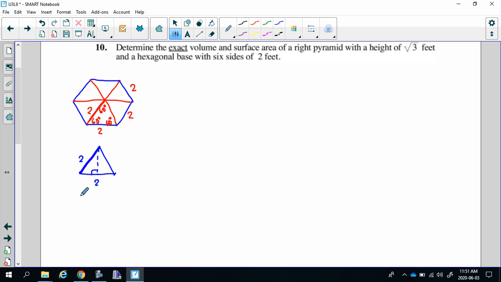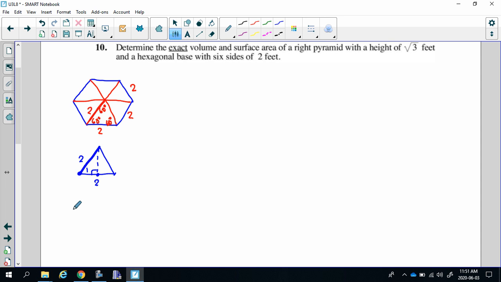Okay, so what we're going to do is use Pythagorean theorem. Now, what we need to understand is this whole thing is 2, but this from here to here is 1 unit. Okay, so I'm going to use Pythagorean theorem.